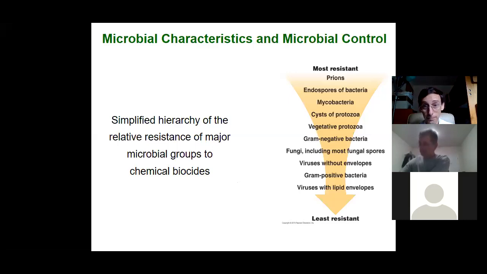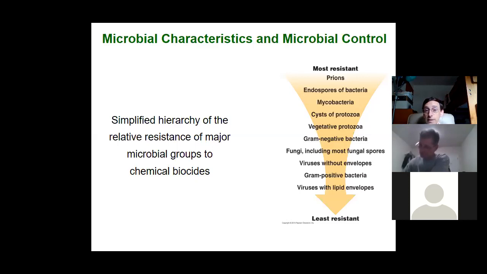For example, mycobacteria has mycolic acid in it, and generally it's resistant to most disinfectants. The reason being is most disinfectants are water soluble, and because of the mycolic acid, most disinfectants will not be effective on mycobacteria because they can't get through the cell wall of the mycobacteria.